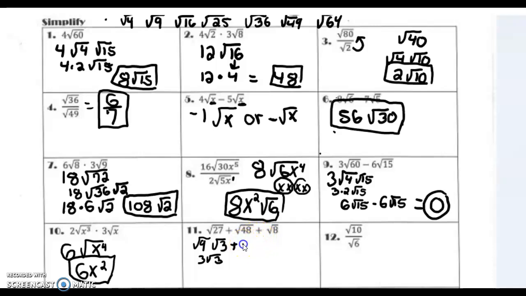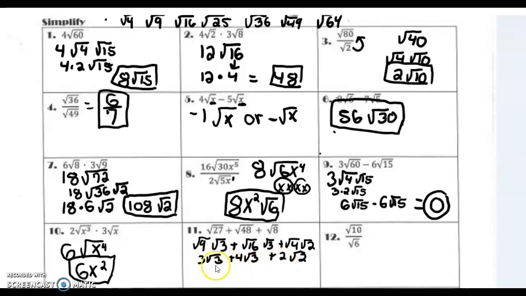However, it also has a 16, which is bigger. Again, you always want to get the biggest one. Okay? Alright, so the square root of 16 is 4 radical 3. And then I'm going to break down 8 as a 4 and a 2. Square root of 4 is 2 radical 2.